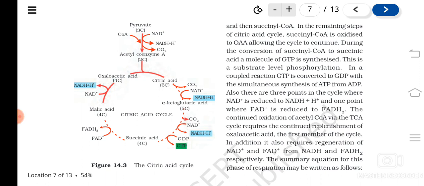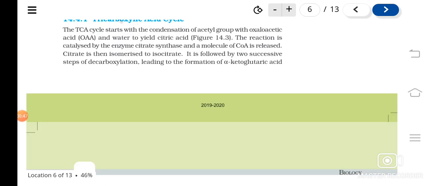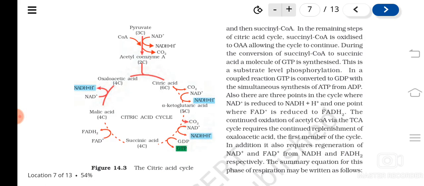And we have seen that ATP is produced in some places, and we also have seen that NADH plus H plus, and in some other places FADH2 is formed.